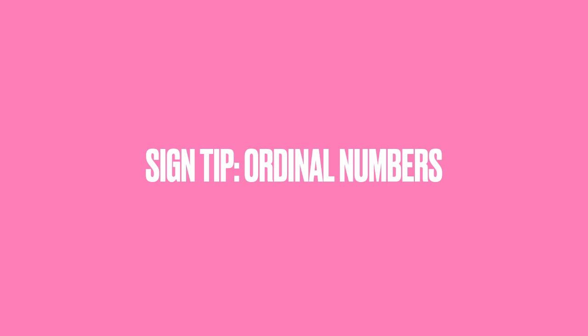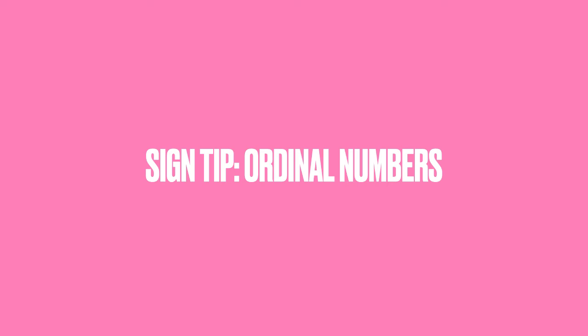But your signing tip, these ordinal numbers, the ones that we're twisting our wrist, they are not used in ASL to say things like the first time or first you need this. Instead, you're going to use a different sign, and I will also include that in our attachments.